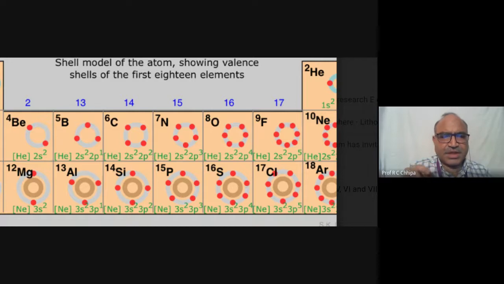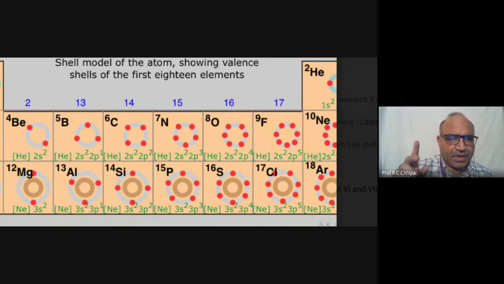In case of nitrogen, carbon has 4 electrons, and nitrogen has 5 electrons. Oxygen has 6, and then fluorine. So those are the outer shell electrons, and in that shell the different atomic orbitals are there.